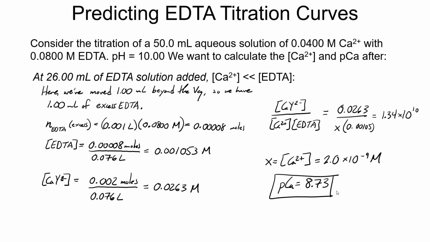Your post-lecture problem is to replicate the assumptions and the calculations associated with modeling this EDTA calcium titration curve at the same volumes in regions 1, 2, and 3, and see if you can come up with the same answers, and try it without constantly glancing at your notes and at the book while you do it. See if you can replicate the assumptions and go through the process.